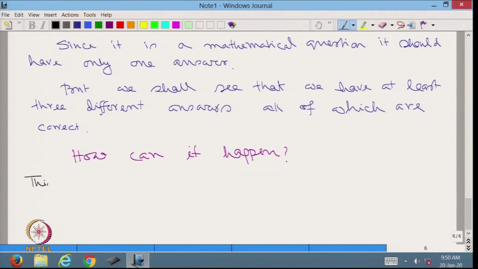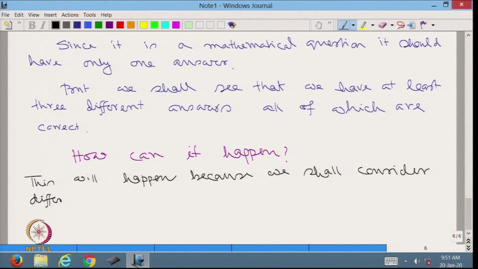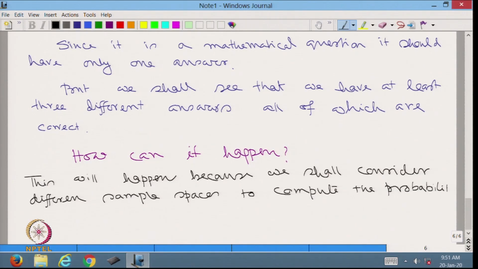This will happen because we shall consider different sample spaces to compute the probability. Hence, it is a paradox.